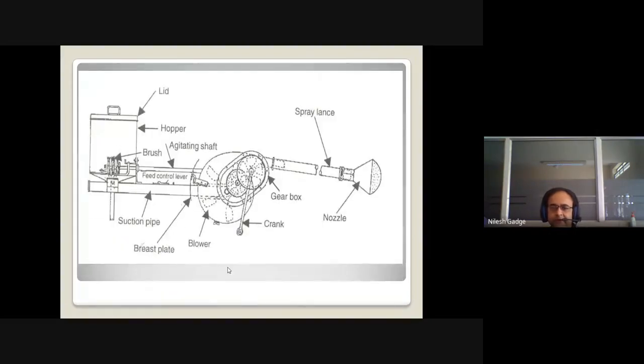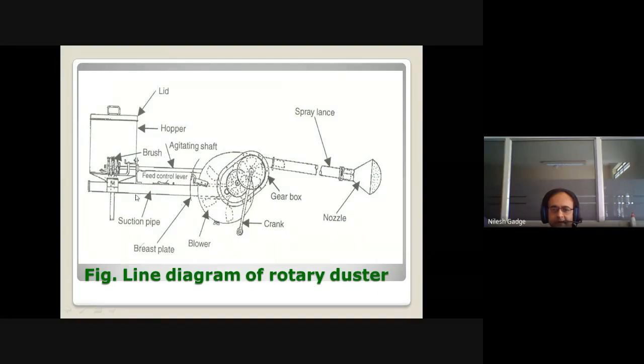So this is the complete figure of a line diagram of a rotary duster. You can see this is the nozzle, this is the spray lance, gearbox is there, crank is there, blower, this blower fan. Blower fans are there, agitating shaft is there, feed control lever is there, suction pump.